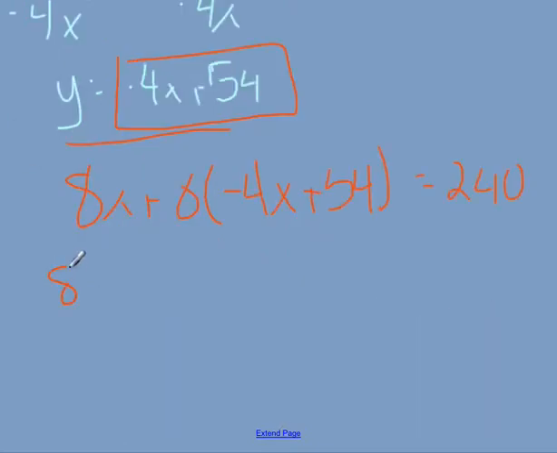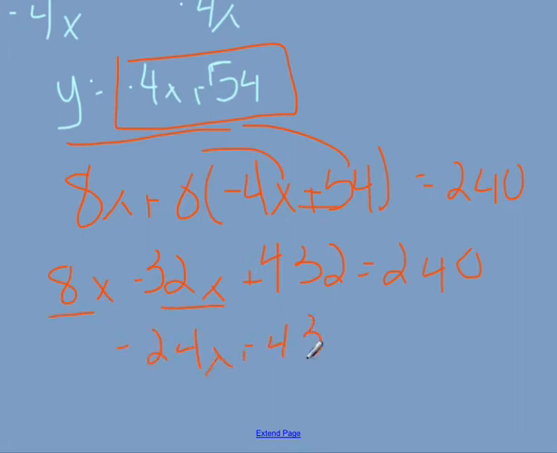So then we have 8x minus 32x. Okay, when we distribute that 8 in, 8 times 54 is 432, and that's equal to 240. So 8x minus 32x is a negative 24x, plus 432 is equal to 240.